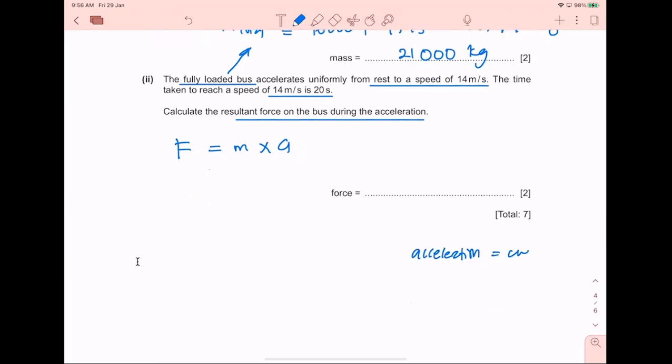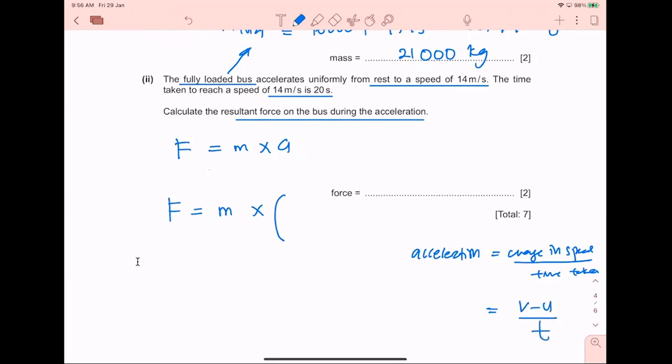Acceleration is the change in speed over time taken. So acceleration in this question is the change in speed uniformly from rest to the speed. It means that F is equal to M times acceleration, which is also equal to V minus U over T.